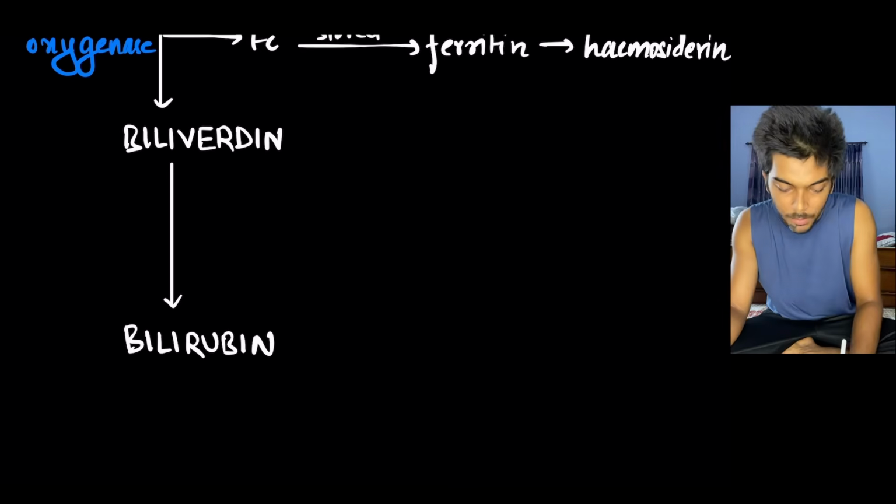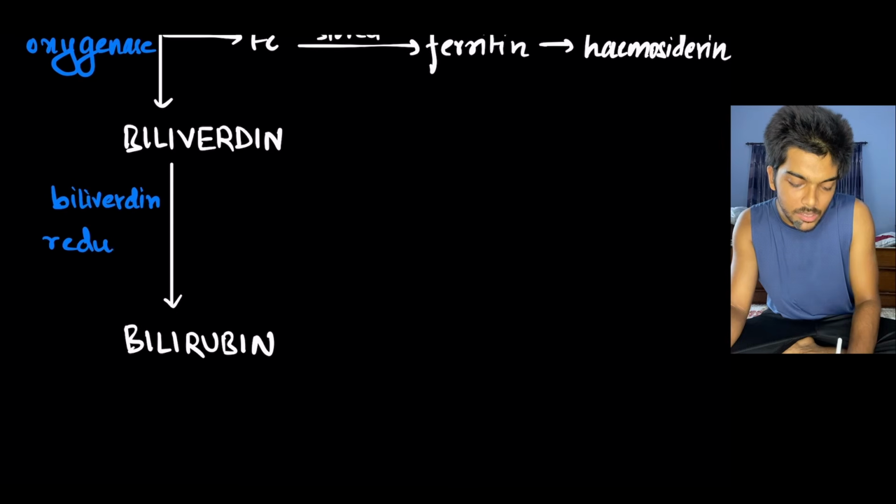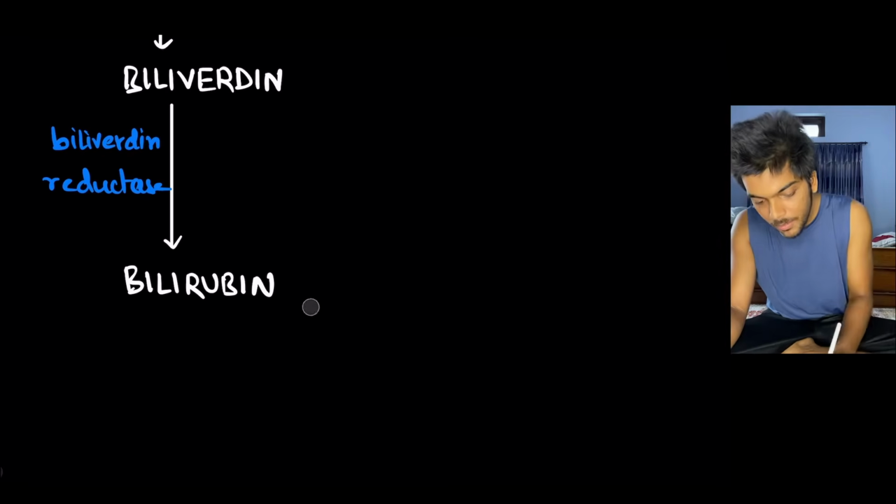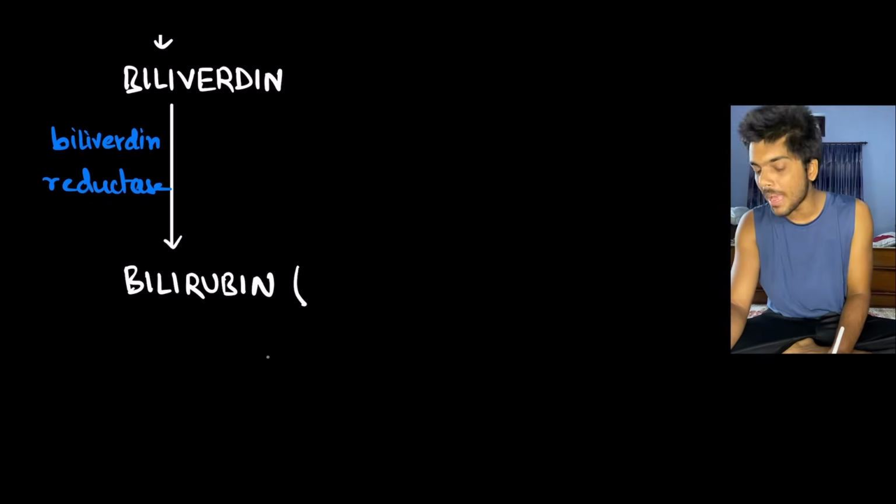This takes place with the help of the enzyme biliverdin reductase, the enzyme required for reduction. Now, this bilirubin that is obtained from the degradation of hemoglobin in the macrophage of the reticuloendothelial system is unconjugated bilirubin.